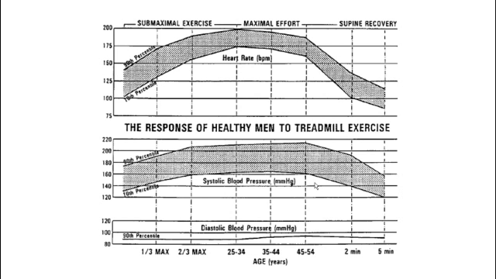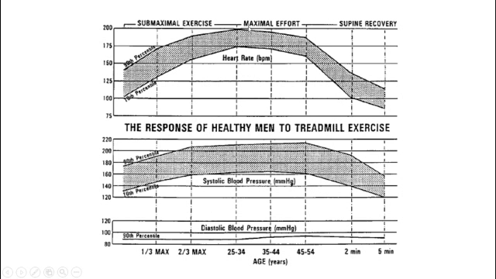So if you just take a quick look at this visual, this is looking at the acute response. It's a bit complex, but what we have here is the heart rate change on top, and then systolic blood pressure and diastolic blood pressure. If we look over time as the person is first doing submaximal exercise and then more of a maximal effort and then their recovery, no surprise I'm sure to you that their heart rate is going to go up progressively.